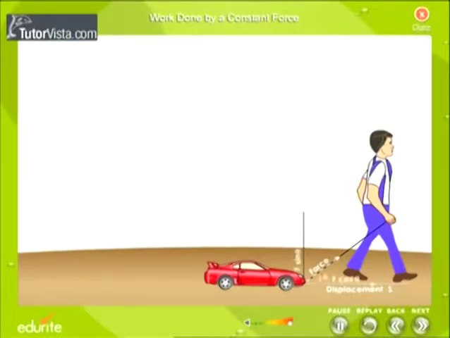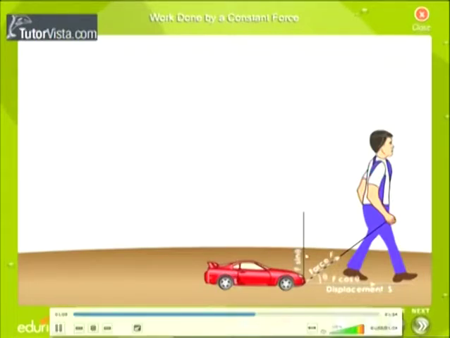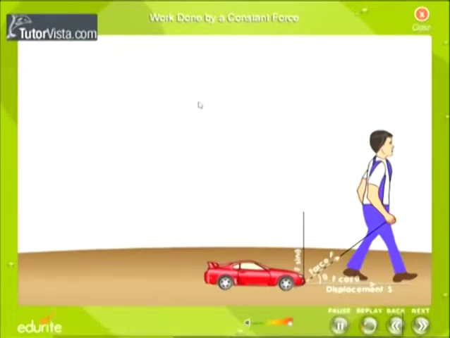Now resolve the force F. The component of the force in the direction of displacement is F cos theta, where theta is the angle of inclination between the force and the displacement. That is, work done can be written as the scalar product of the force and the displacement. W is equal to F into S, that is equal to Fs cos theta.